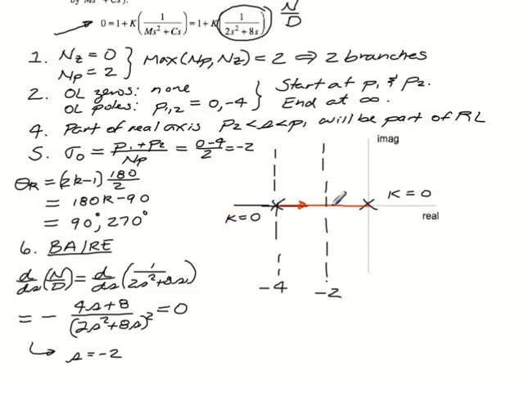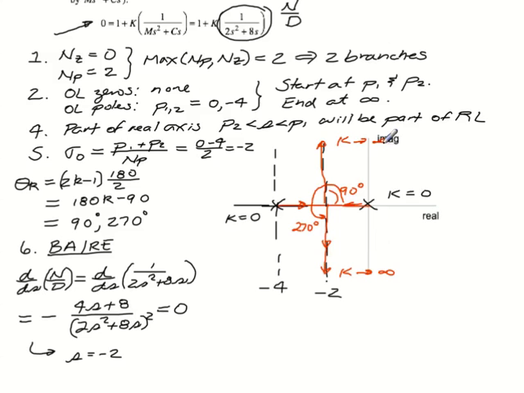As it moves away from there and moves away from this one, they hit here. And this one here we see goes away at 90 degrees, as rule number 5 says. And this one here breaks away at 270. Like that. So this represents the asymptote here for k going to infinity.